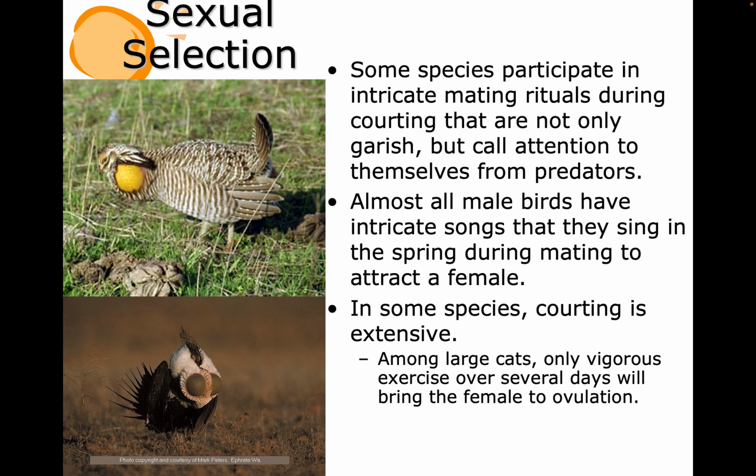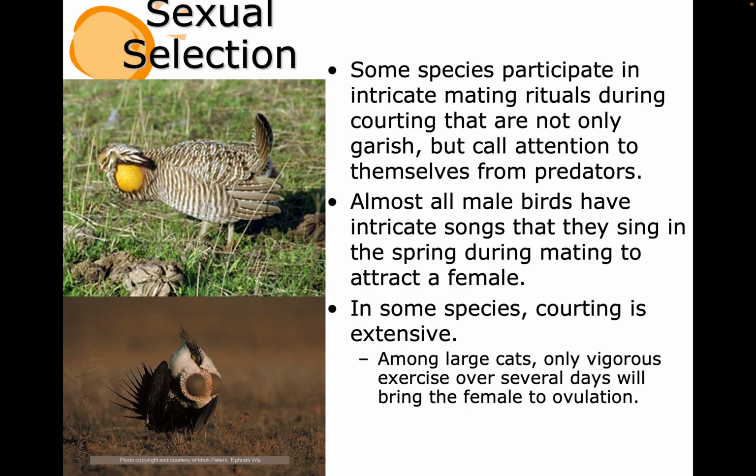As far as large cats are concerned, the cheetah, for example, is so hard to breed in captivity because a female cheetah has to run for 2 or 3 days in order to ovulate.